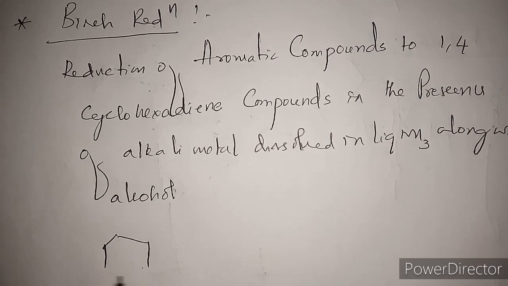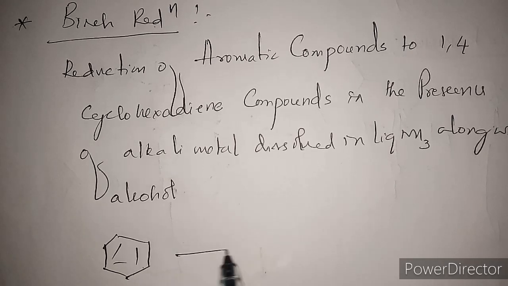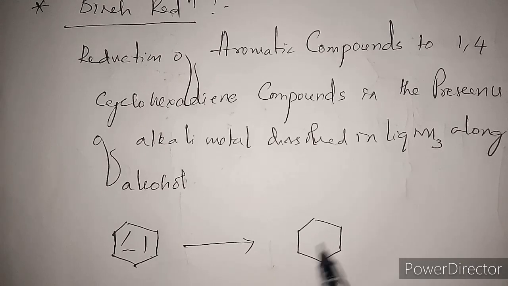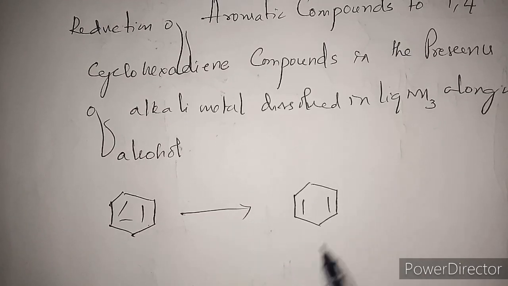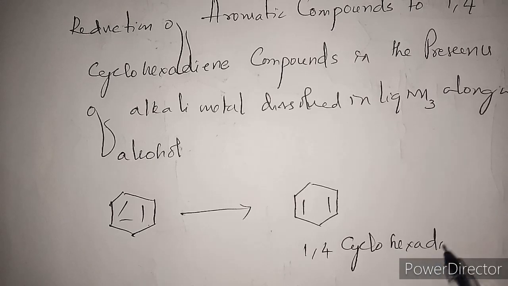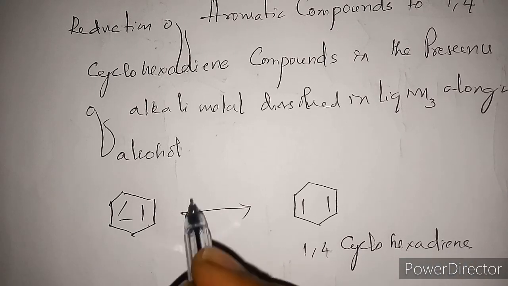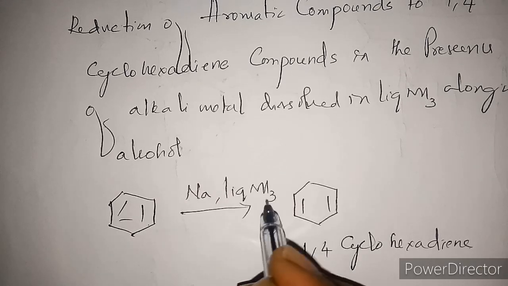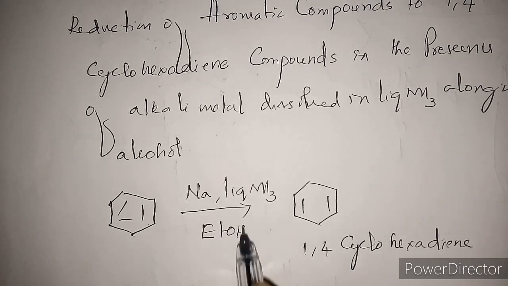Now we have an aromatic compound, benzene. Now this is reduced, it is partial reduction, to 1,4-cyclohexadiene, by using an alkali metal, sodium in liquid ammonia, along with alcohol.